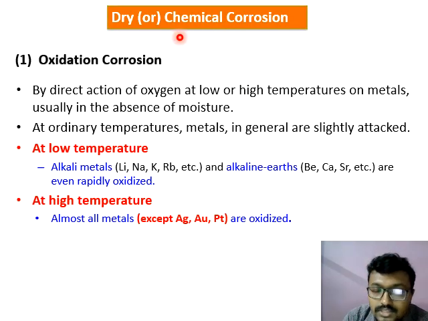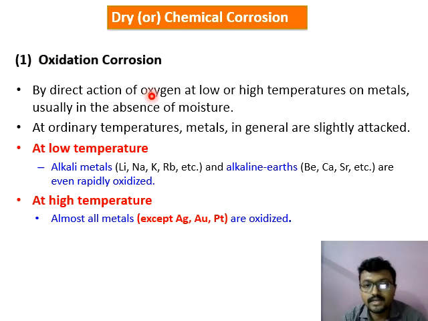The first type of corrosion is oxidation corrosion, corrosion by oxygen. Oxygen is present in our air, so when oxygen interacts with the metal surface, it forms some metal oxide. That is called oxidation corrosion. It can occur at low temperature if the metal is very much oxidizable, like lithium, sodium, potassium, rubidium, beryllium, calcium, strontium.